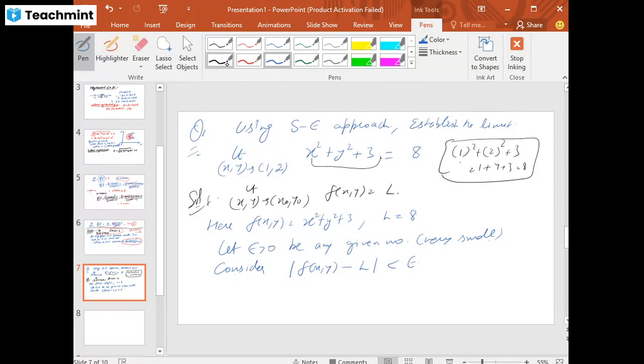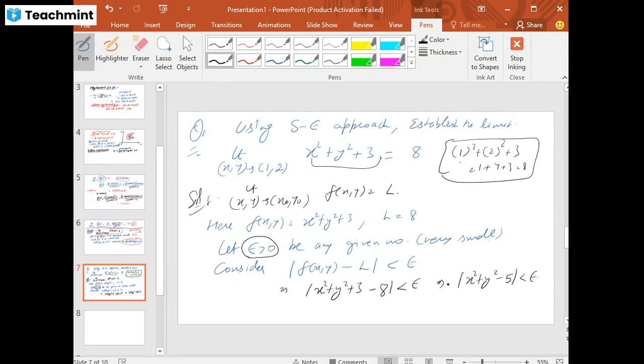So we are assuming that we have already chosen epsilon, which is a very small number, such that the difference between these two is less than epsilon. x square plus y square plus 3 minus 8 is less than epsilon. So we have x square plus y square minus 5 is less than epsilon.